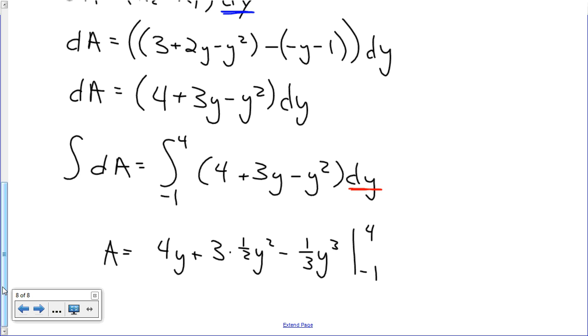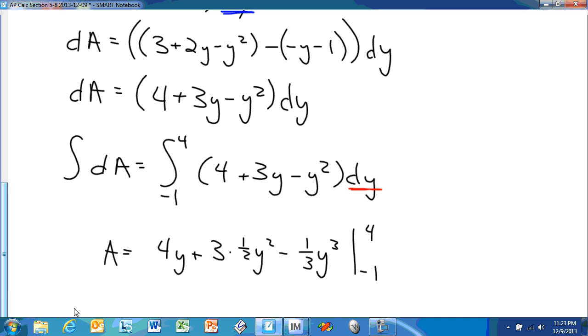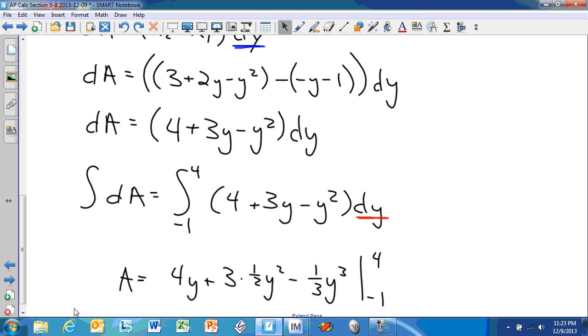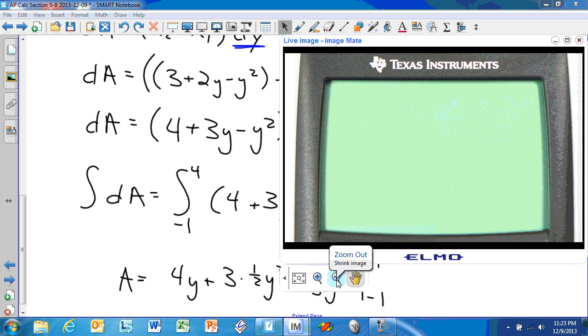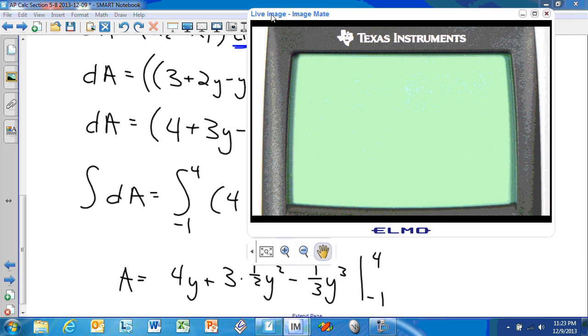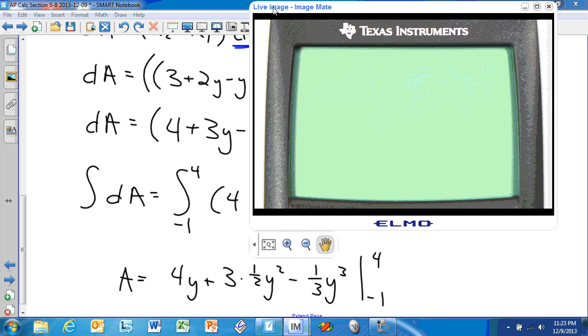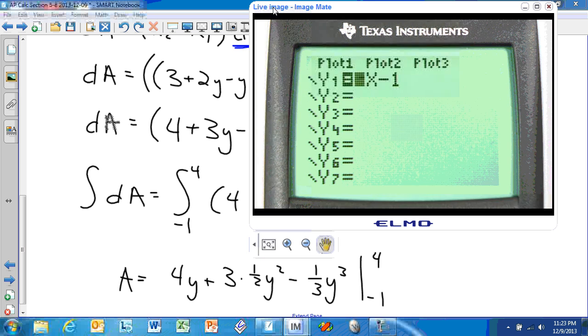And this one doesn't look quite as much fun to do that with, so I'm going to show you another way that we can do this, and that is to take this equation that we got for the antiderivative and plug that into y1 on our calculator, and then just have it evaluate y1 at 4 and -1 and take the difference. That's all we really want to do, so let's do that here on our calculator. I'm just going to get rid of our function.